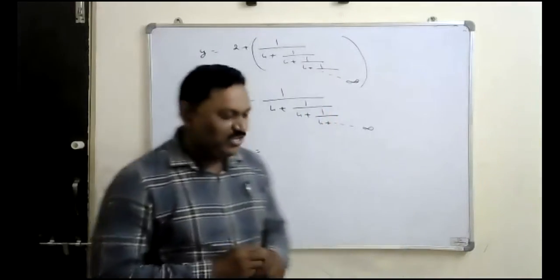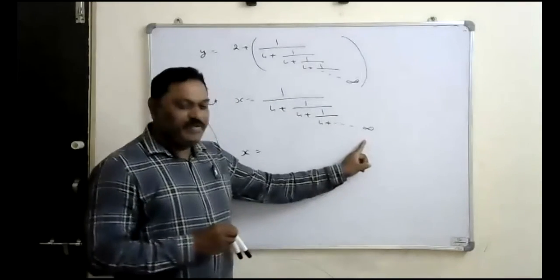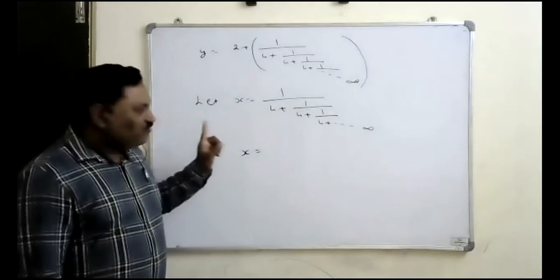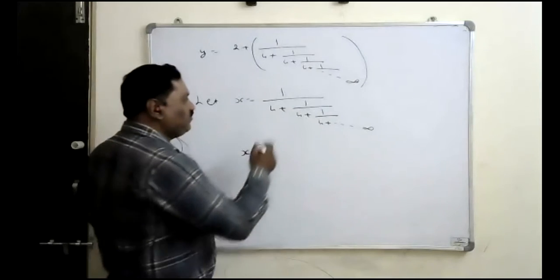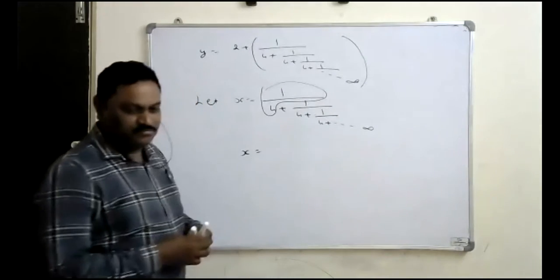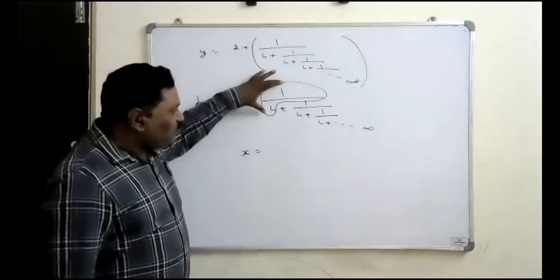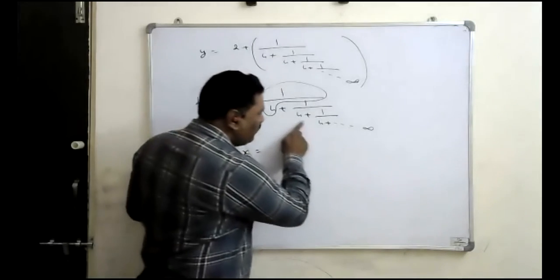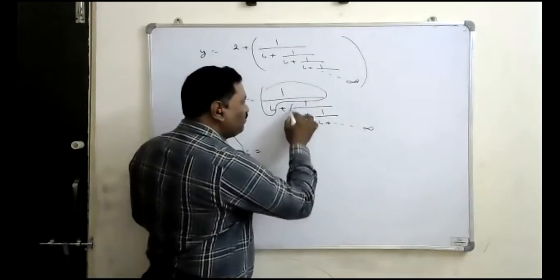The same way, this is also one big ocean. The name of this ocean is x. From this ocean, suppose I remove this bucket of water, that is, the first term. Still there are so many terms. What is the name of this ocean?